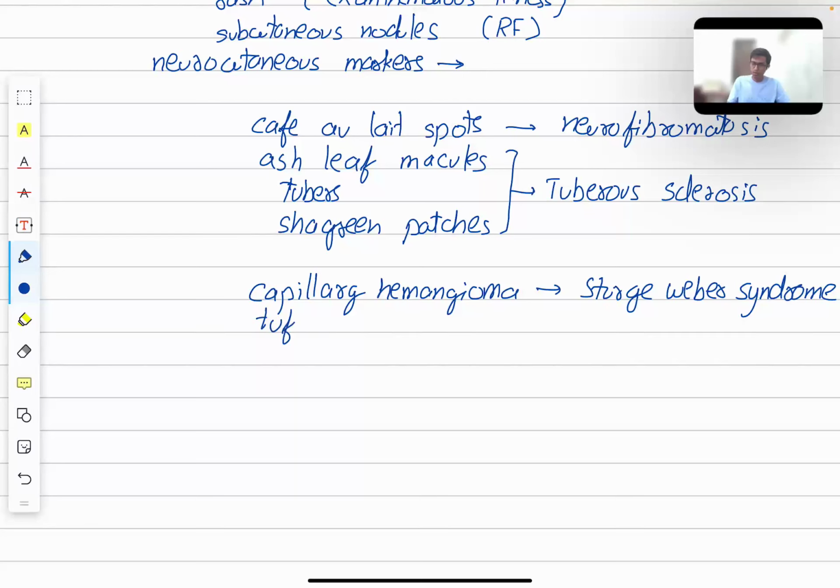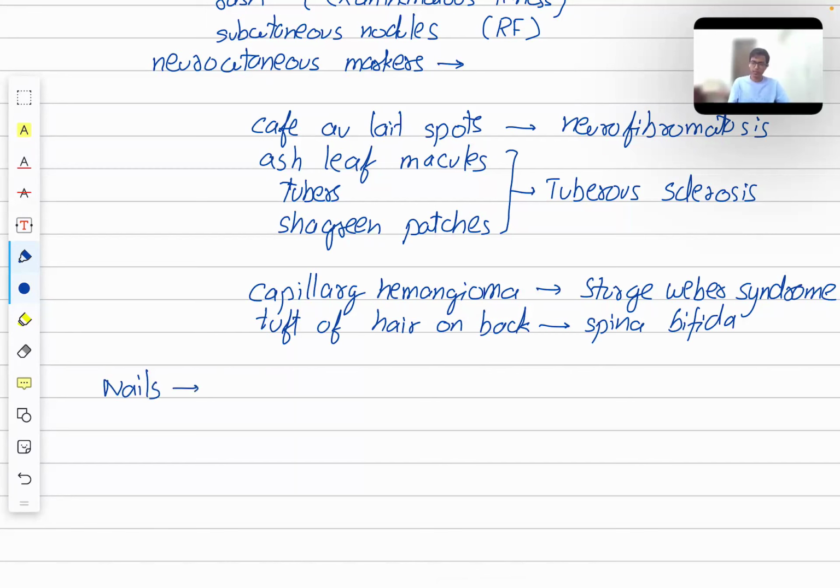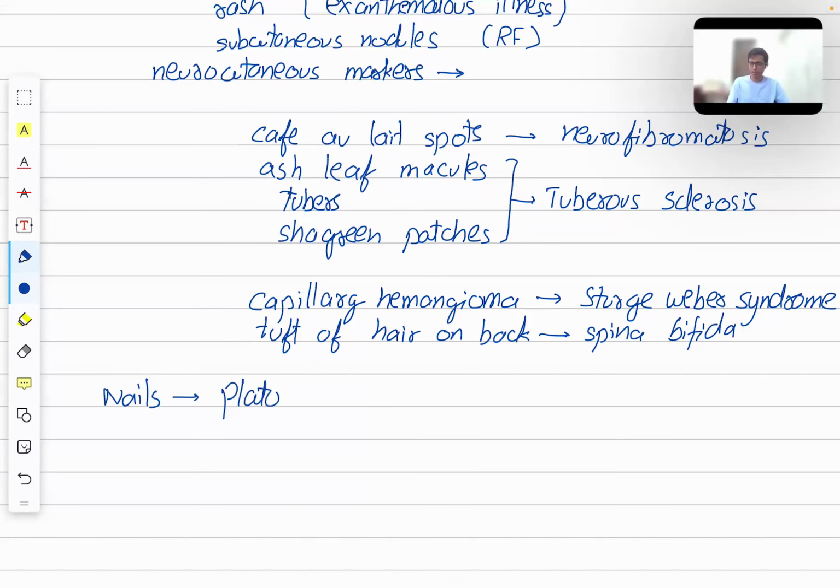A tuft of hair on the back may be seen in spina bifida. Then abnormalities that we may expect in the nails: leukonychia and koilonychia seen in iron deficiency anemia.